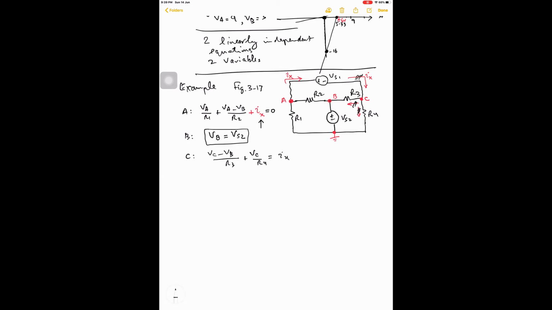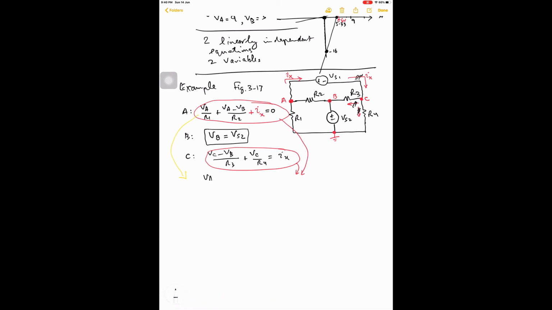Now in this equation and in this equation, we can eliminate Ix. Eliminating Ix in these two equations, I will write this equation over here.